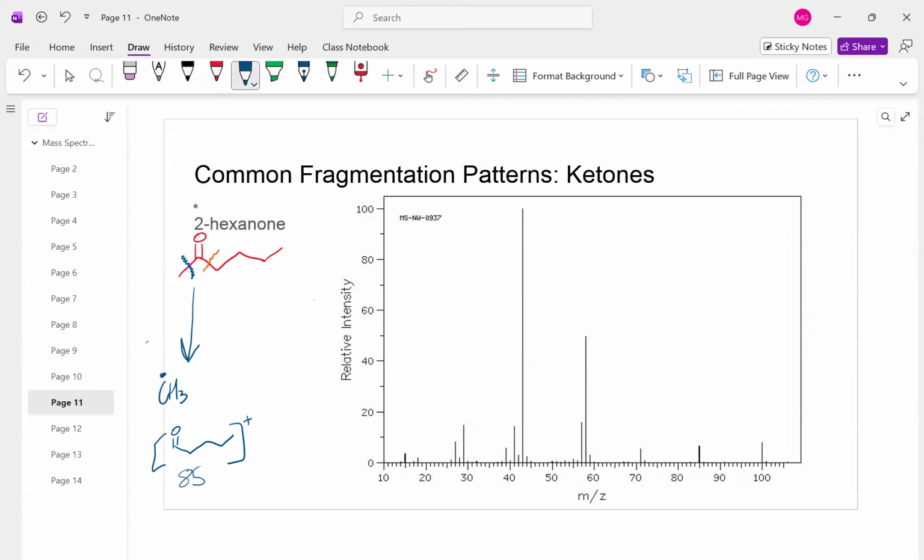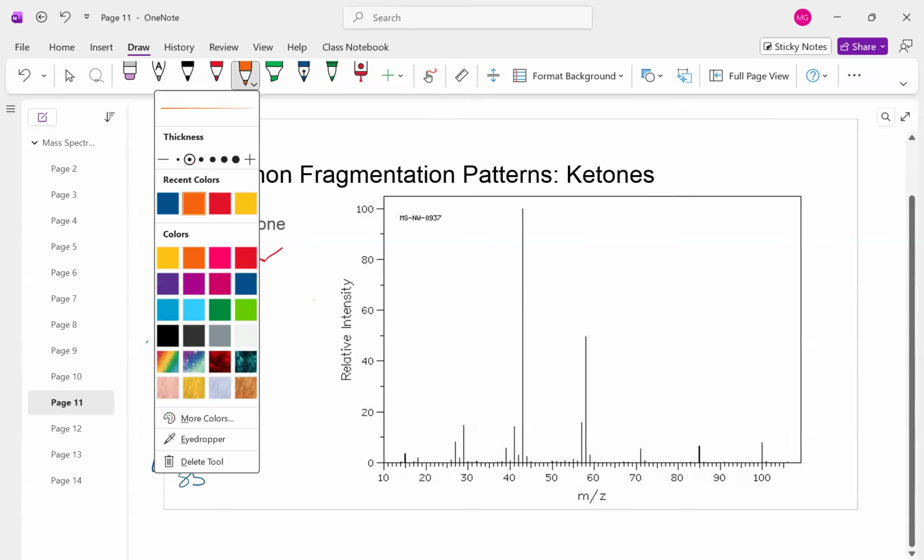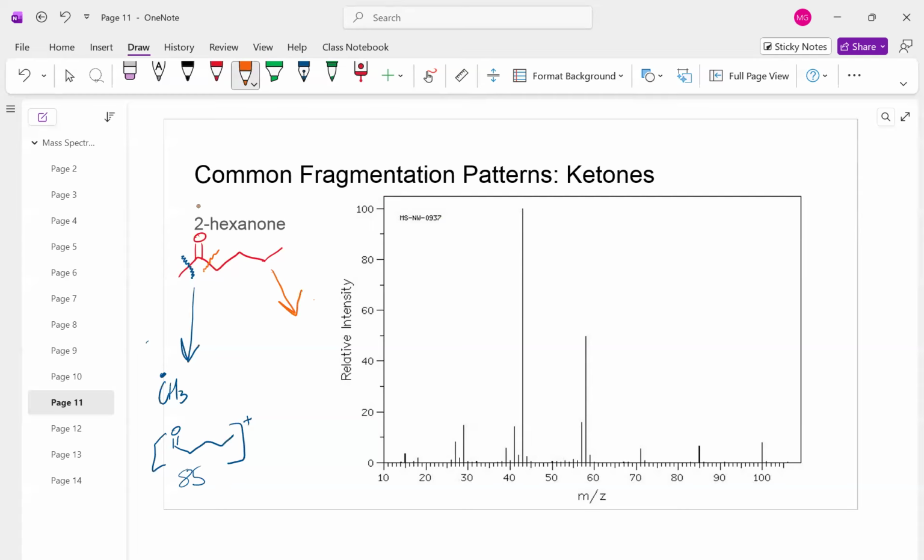Now, if I fragment the other way, I would get this butyl radical, which again, we don't observe. And the one we do observe is this cation, and that has a mass of 43.